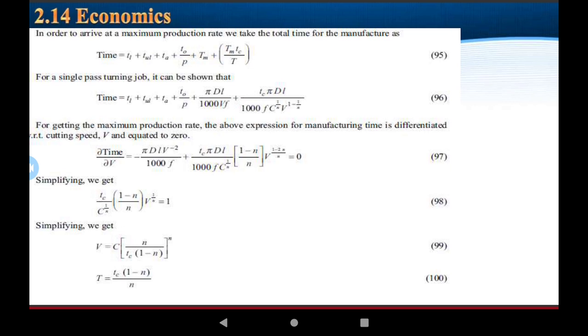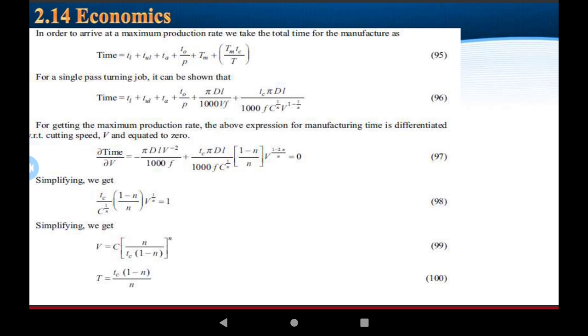The expression for manufacturing time is determined for the cutting speed V, and to find the maximum value this equation is differentiated, del time upon del V with respect to V. Minus pi d L V to the power minus 2 by 1000 F plus Tc pi d L upon 1000 F, C to the power 1/n, bracket (1 minus n)/n, V to the power (1 minus 2n)/n, equal to 0.